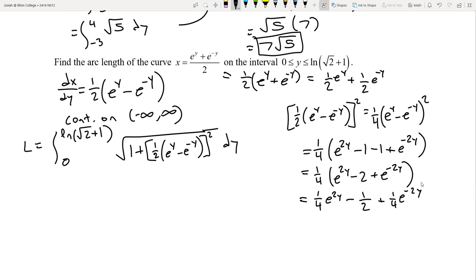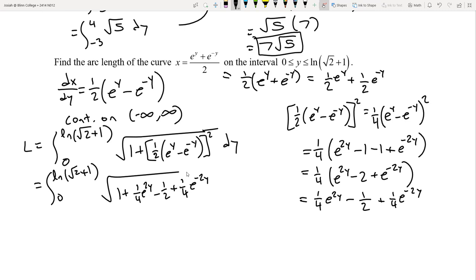All right, and so we see that we do get that same pattern going on. So we go ahead and plug that back in. 1 plus 1/4 e to the 2y minus 1/2 plus 1/4 e to the negative 2y dy. The 1 and the 1/2 turn into positive 1/2 here.